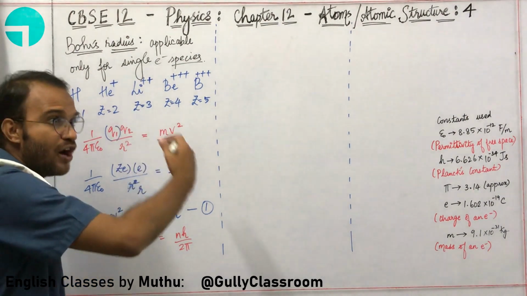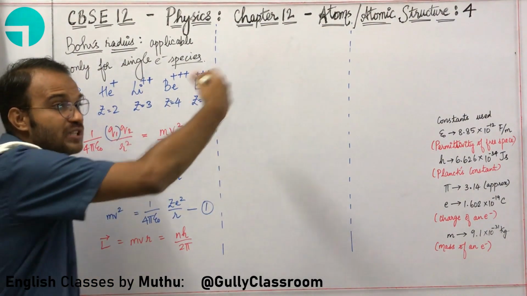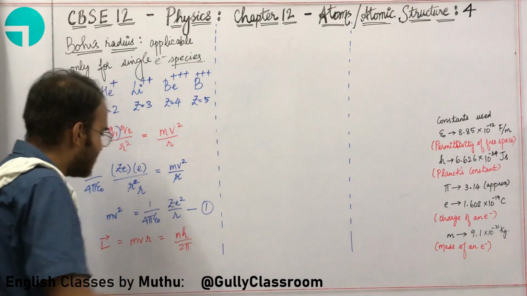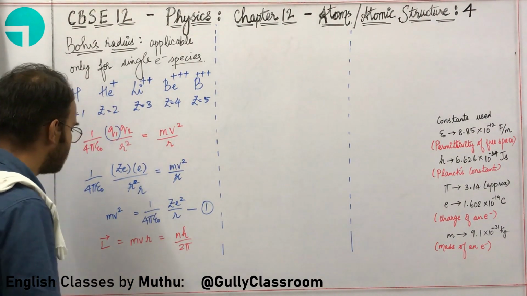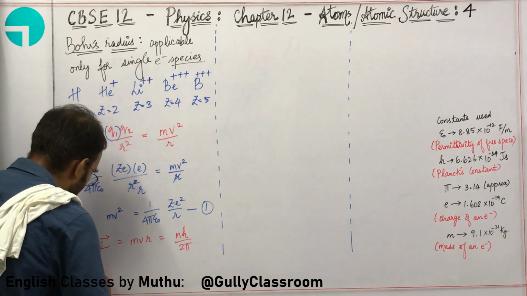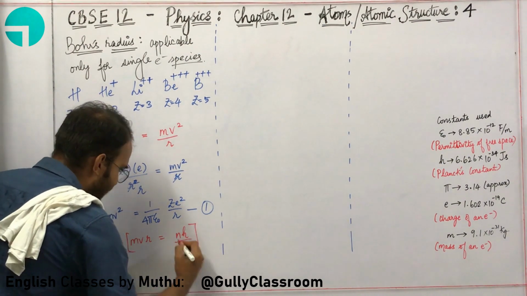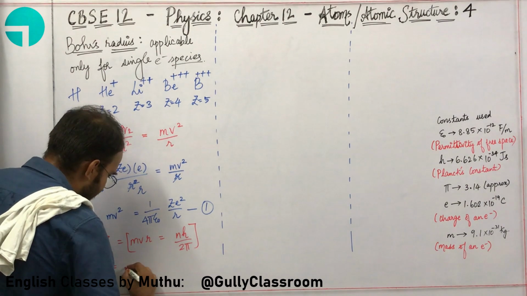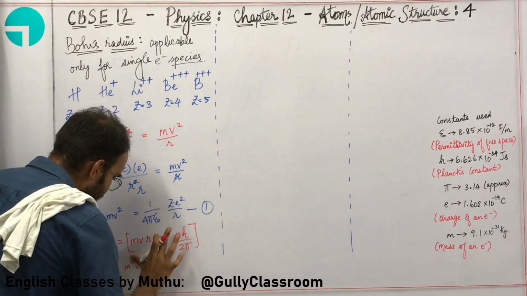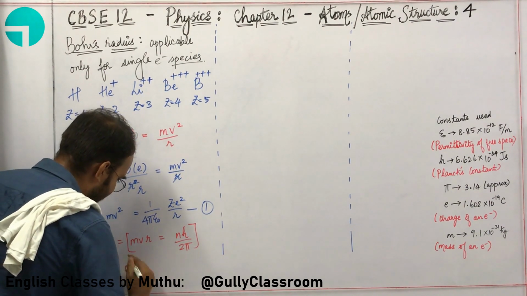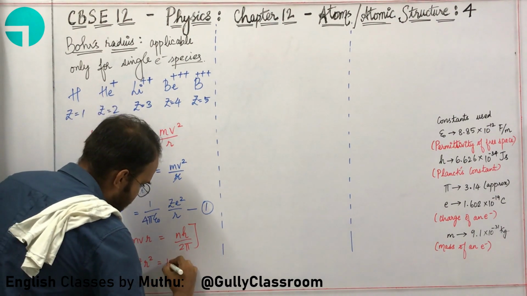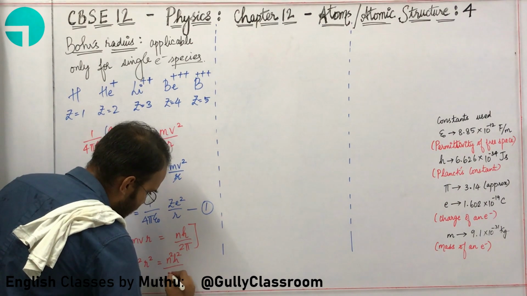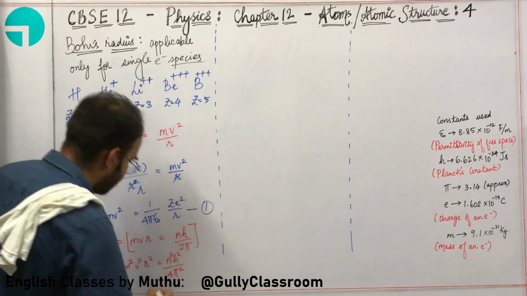The angular momentum of Bohr's shells can be given as nh by 2 pi. I am going to square this term. If I am squaring it, what will I get? m square v square r square, which is equal to n square h square divided by 4 pi square.